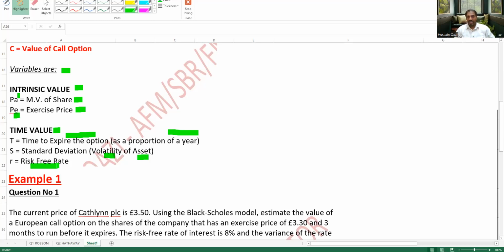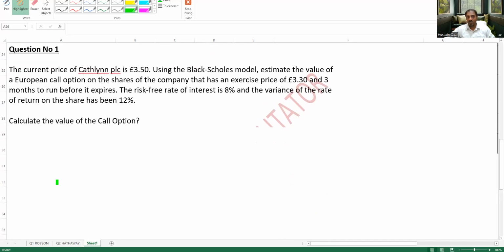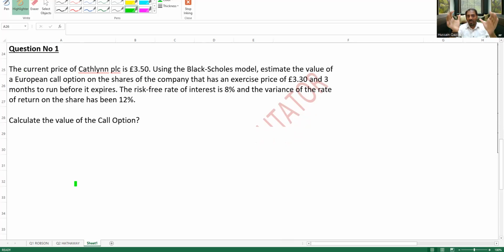Now it's time to apply these things to the question. Question 1. Quickly, we will work out this question by applying the ACCA formula spreadsheet available. Now read this question carefully.